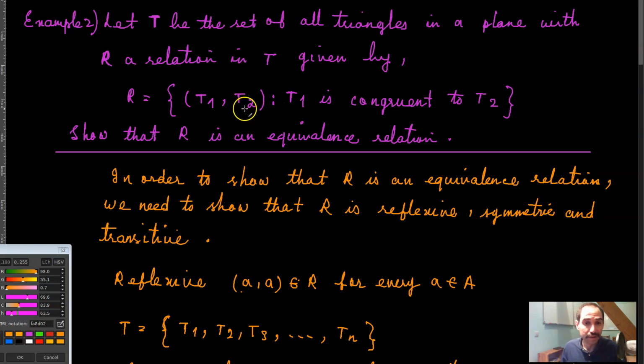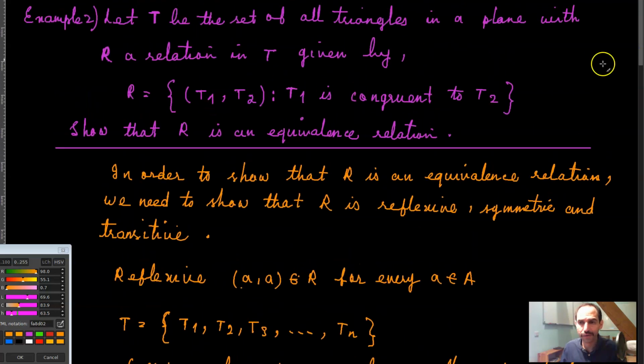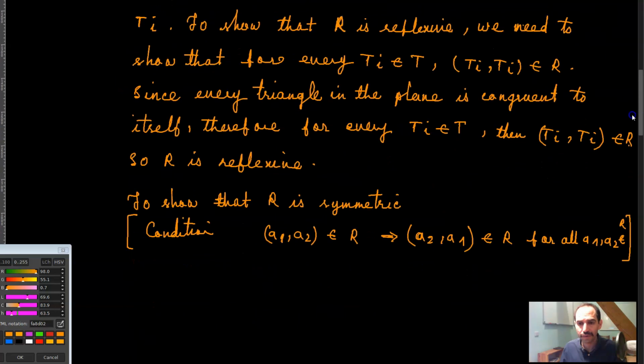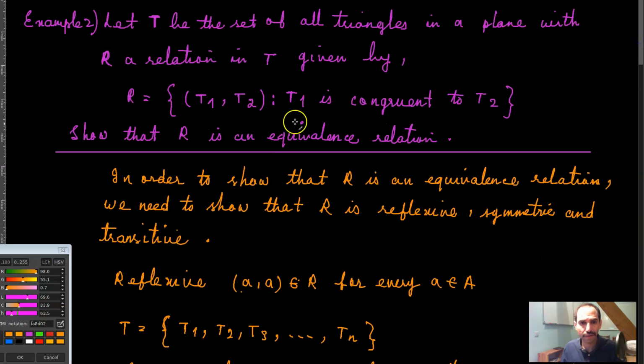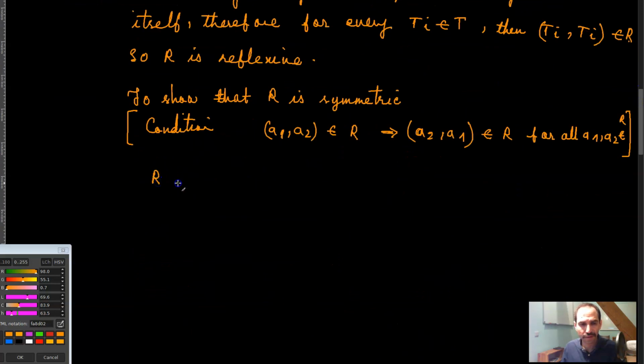The definition of R is all the ordered pairs T1 comma T2, such that T1 is congruent to T2.